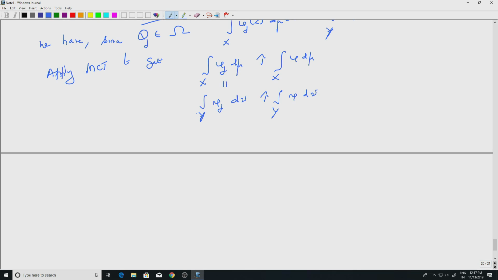But these two are equal, right, because phi j and psi j are coming from Qj, for which the theorem is true. So these two will be equal. Okay, so that is all we needed to prove, right.